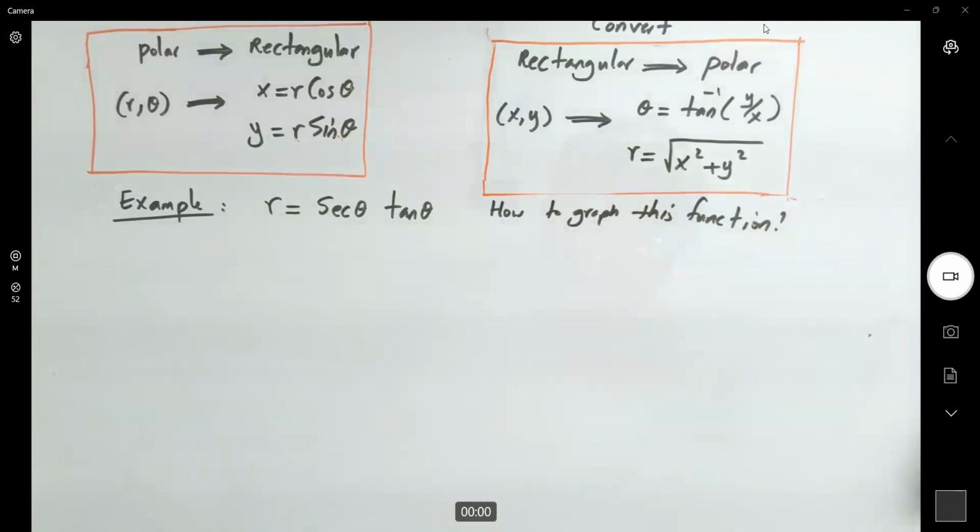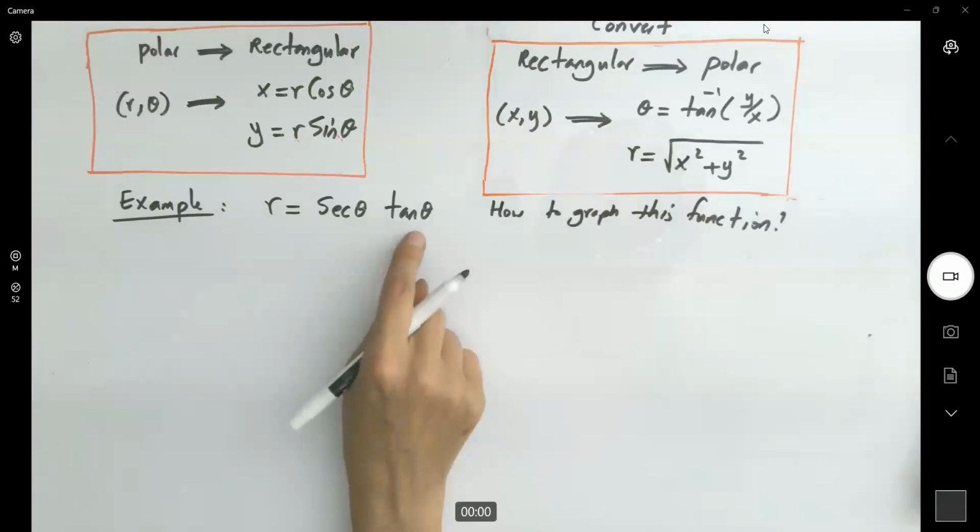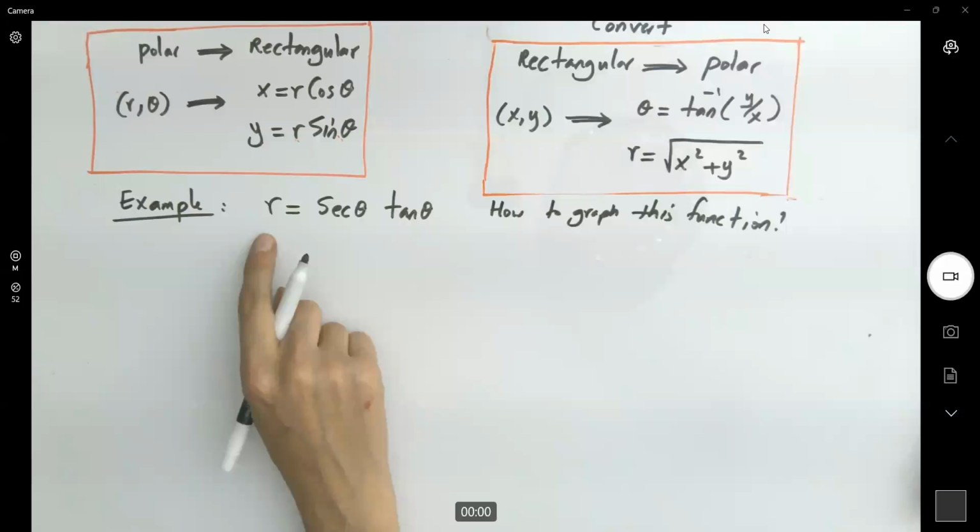Let's see, what do we have here? I have secant, I have tangent, and on the other side, I have r.